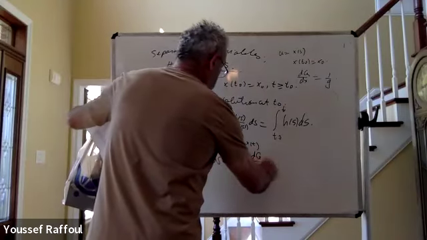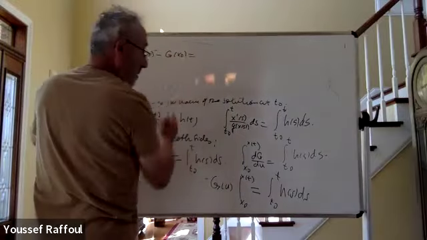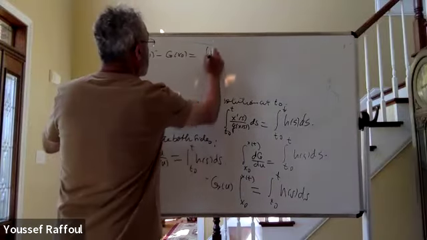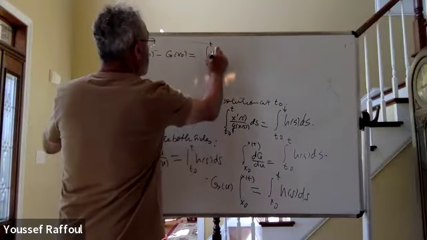And then this is G of x of t minus G of x naught equal to the integral from t naught to t of h of s ds.